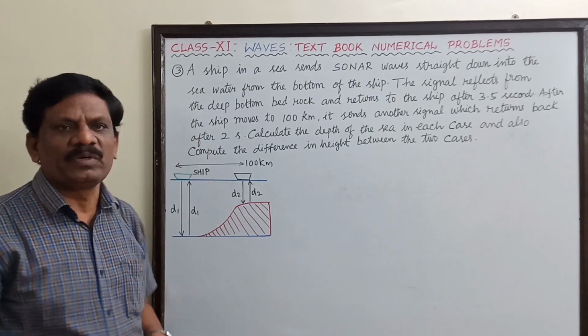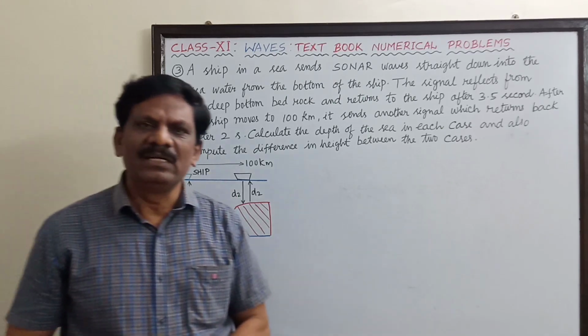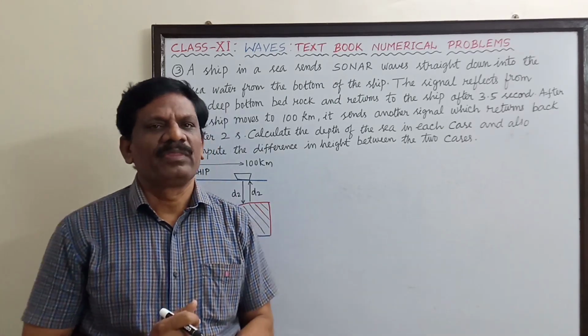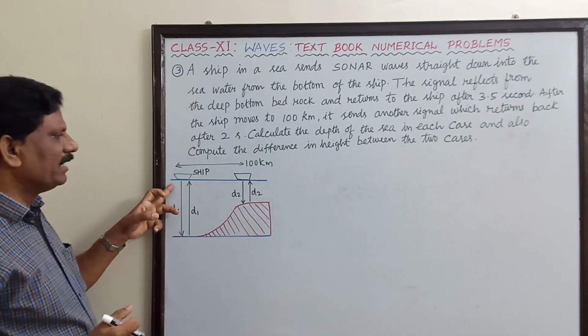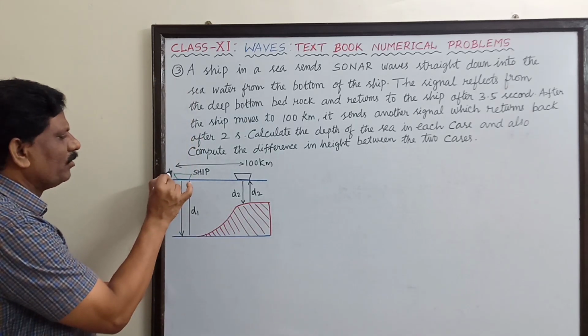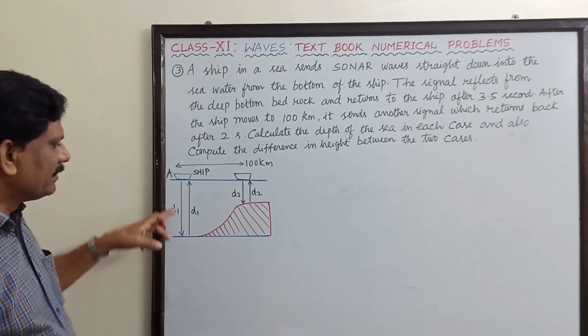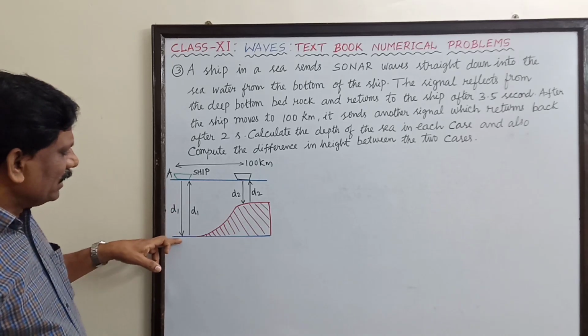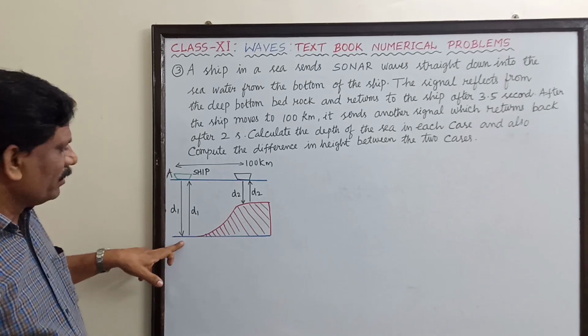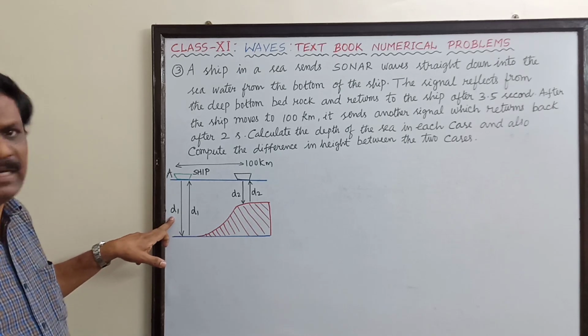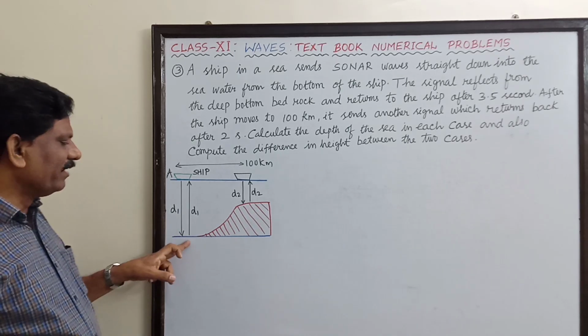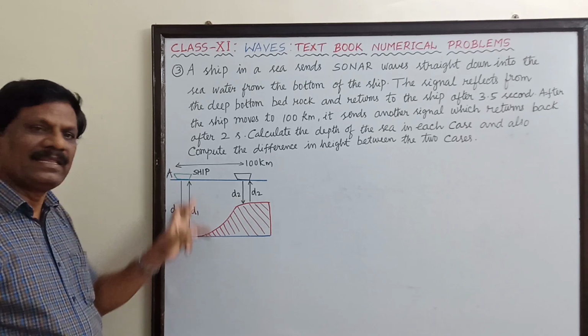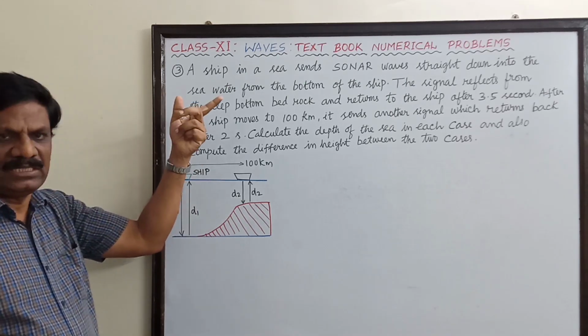So once or twice you have to read the question and understand first. When the ship was initially at some position, say for example position A, it is sending the waves up to the seabed. So let us take the depth is D1. After reflecting from the bottom of the sea, it is traveling another distance D1 in the upward direction.